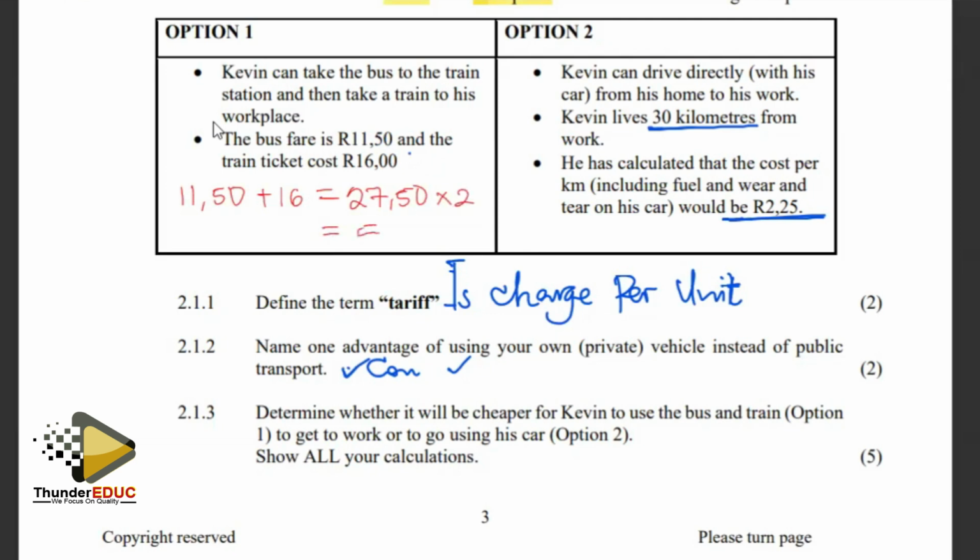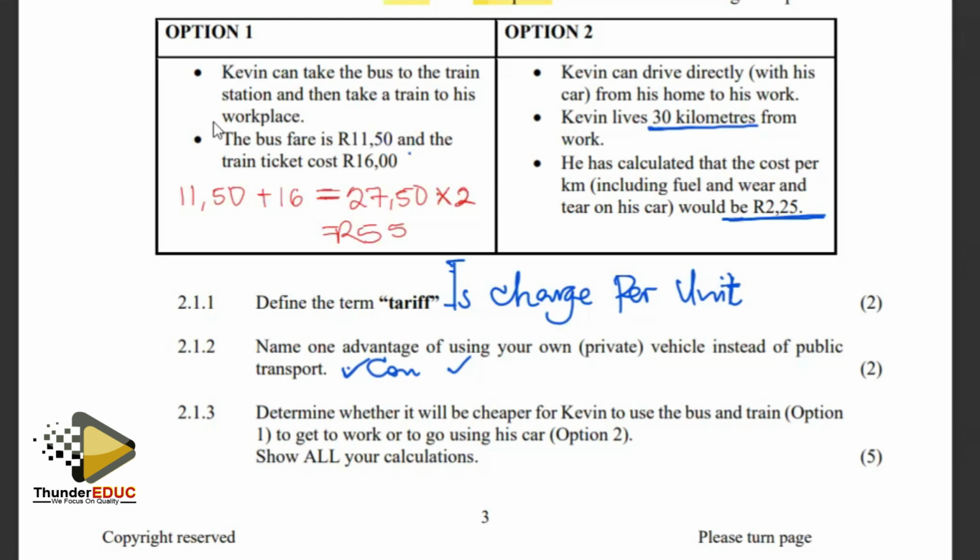You end up having 55. He has to pay 55. Why am I multiplying by 2? I told you he has to go and come back. To and fro. It's a full trip. All right, this is option number one.